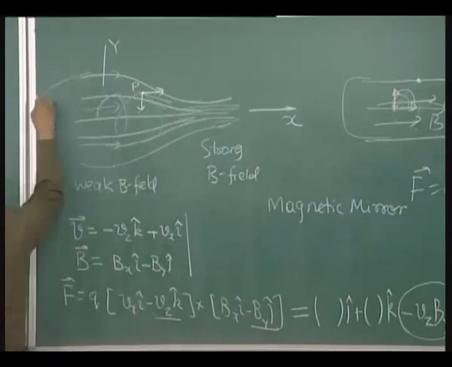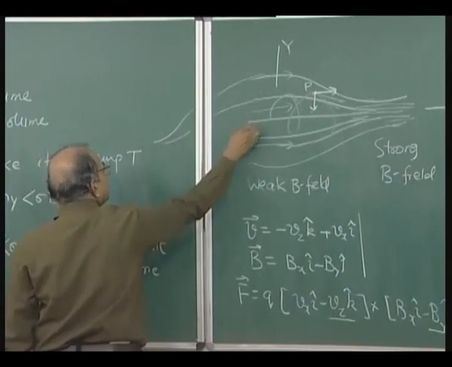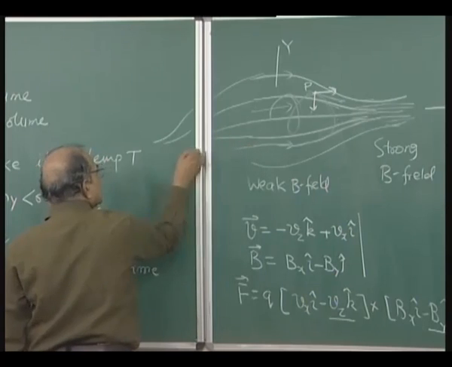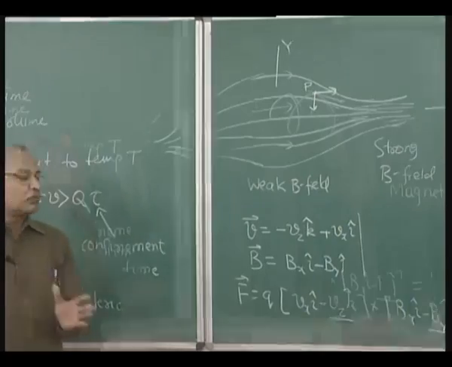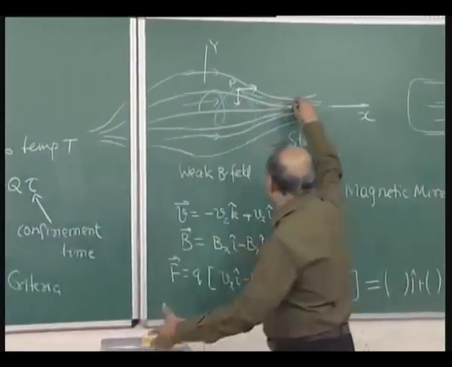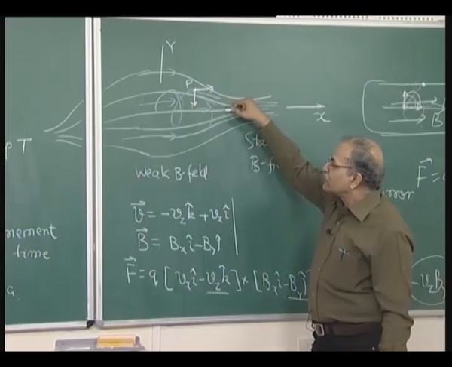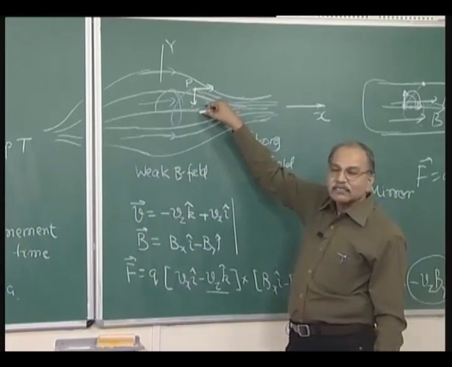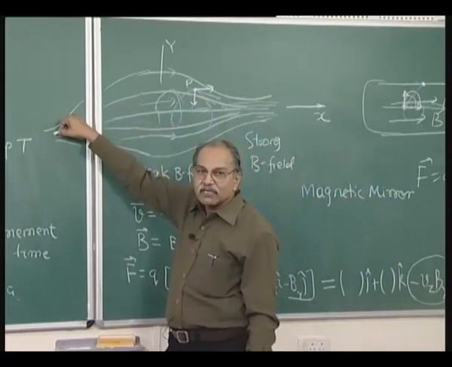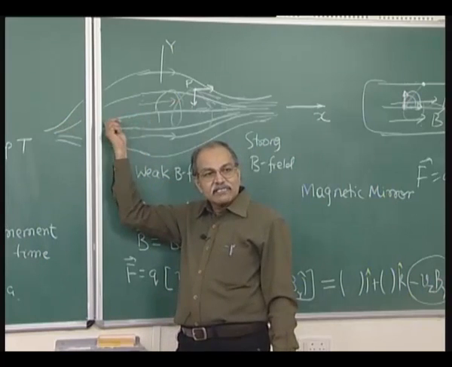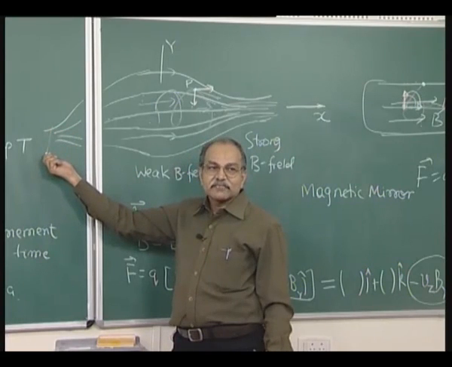On this side also you can have similar structure, magnetic field. If the magnetic field is strong on this side also, it is some kind of a bottle, magnetic bottle. So, if proper field magnitudes are there, this particle which is coming towards x axis will be pushed back, and once it reaches here and tries to go towards this stronger field, once again it will be decelerated and will be reflected from this strong field region.